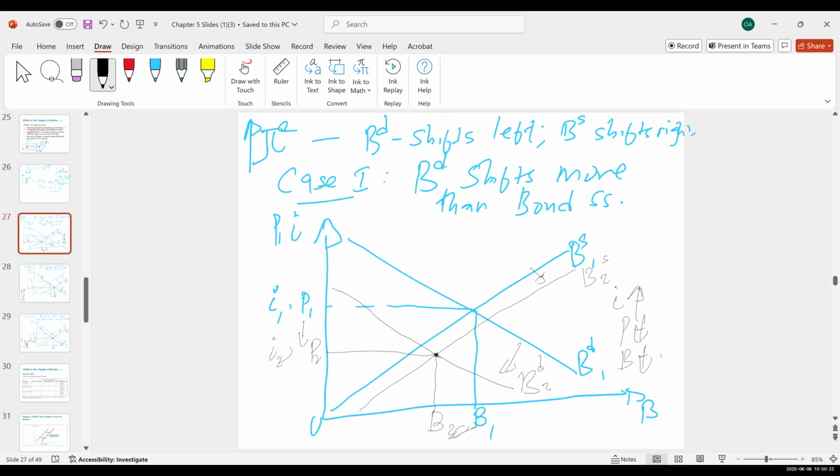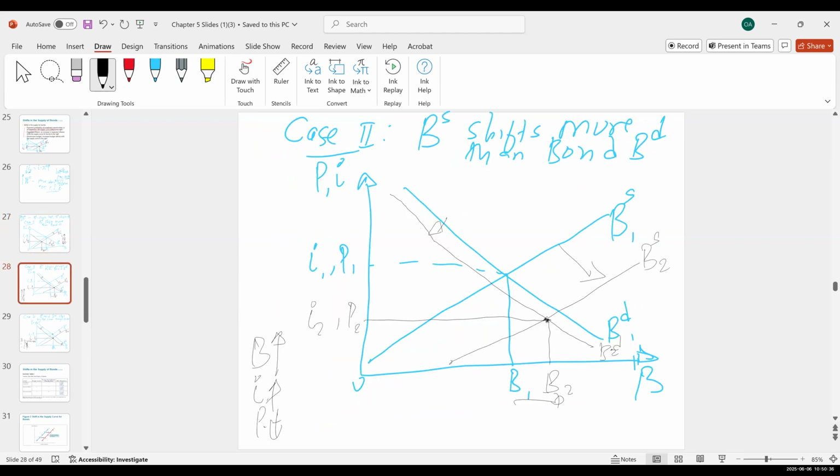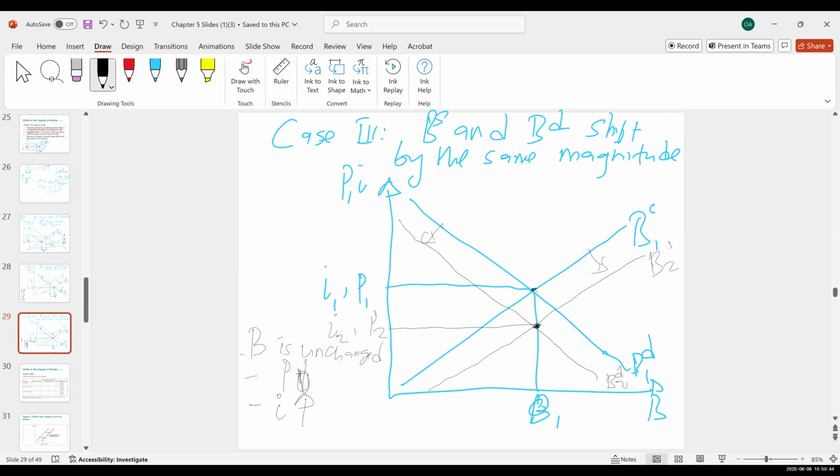Under all three cases, when there's an increase in expected inflation, the first case is that interest rate rises, price falls, and equilibrium bond quantity falls. Under the second case, bond price is going to fall, interest rate rises, and equilibrium quantity is going to increase. Under the third case, bond price still falls, interest rate rises, but there's no change in equilibrium quantity.